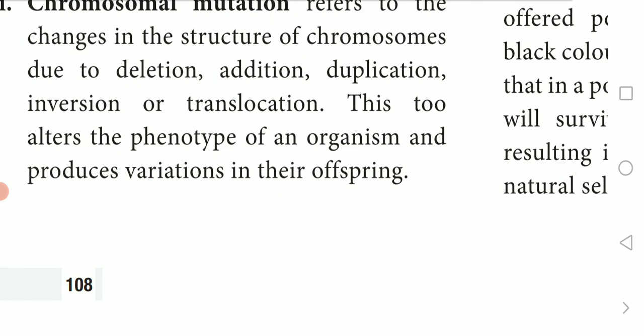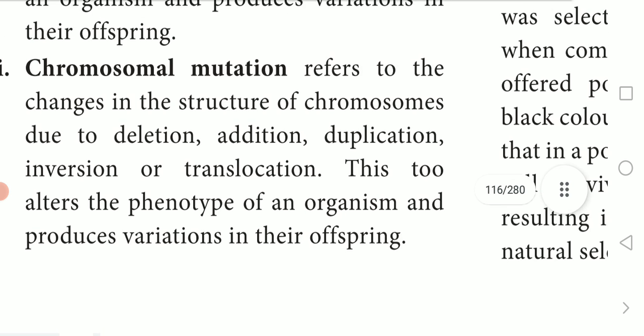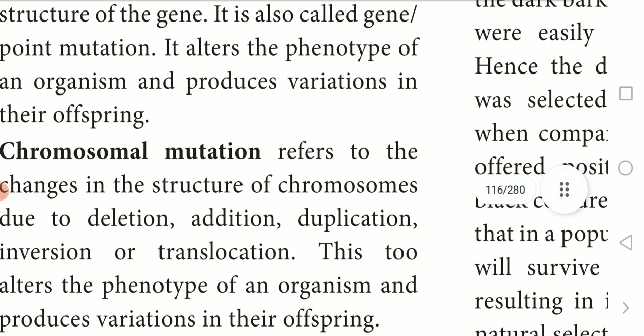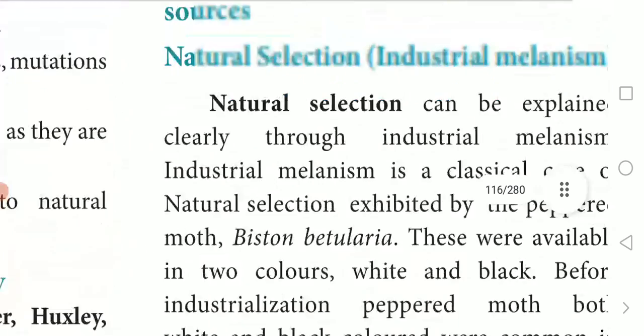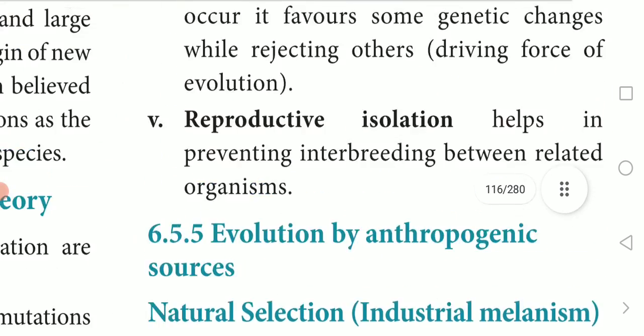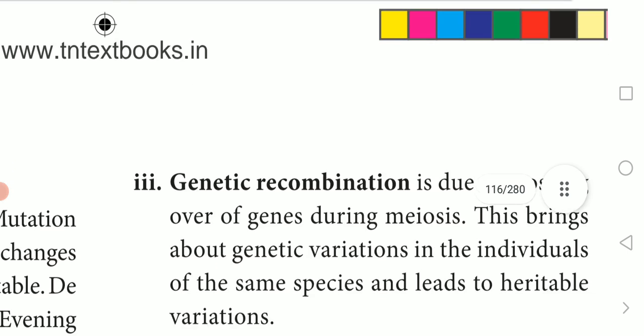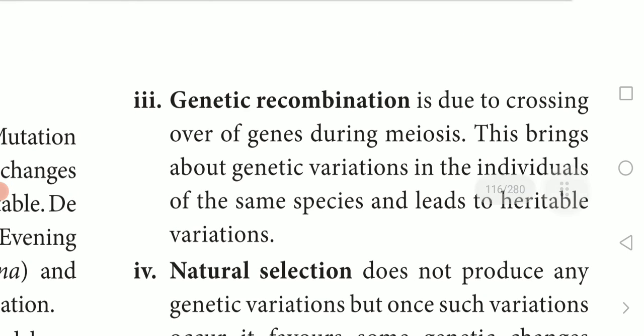Some part of the chromosome's information may be deleted, some added, some duplicated. Inversion means the arms are joined in an inverted position, as in translocation. These alter the phenotype of organisms and produce variations in their offspring.